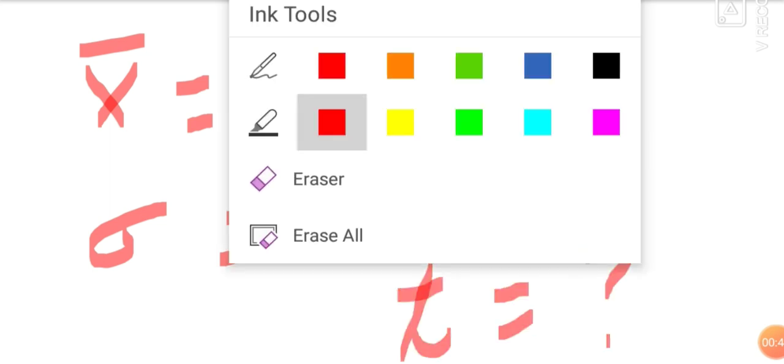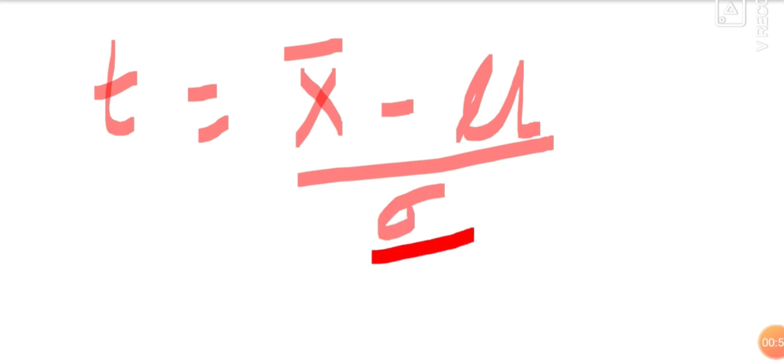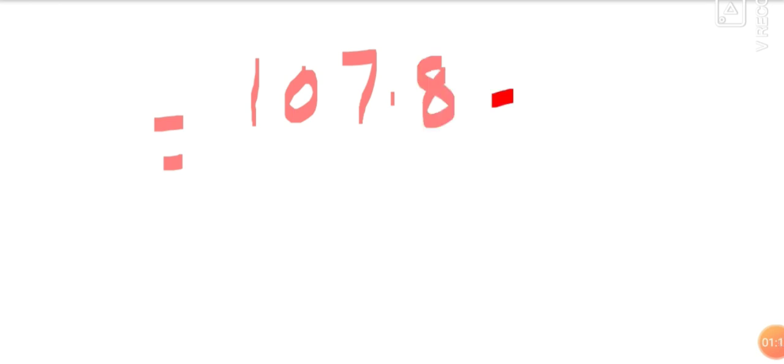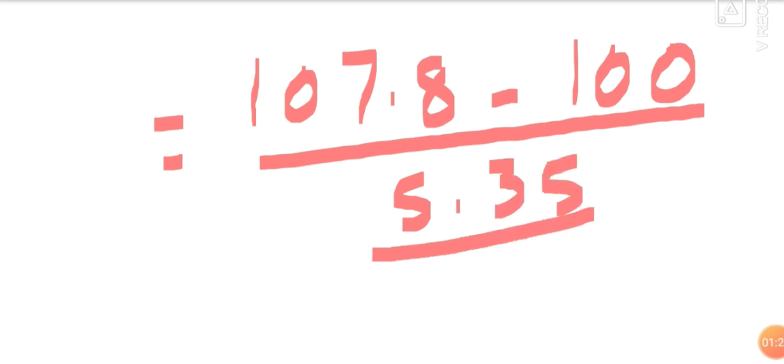Now the formula of the t-test is (x bar minus mu) by (sigma by root n). So x bar is 107.8 minus mu is 100, by sigma is 5.35, and root n is 10, because in the question it is given 10 individuals had taken an exam.